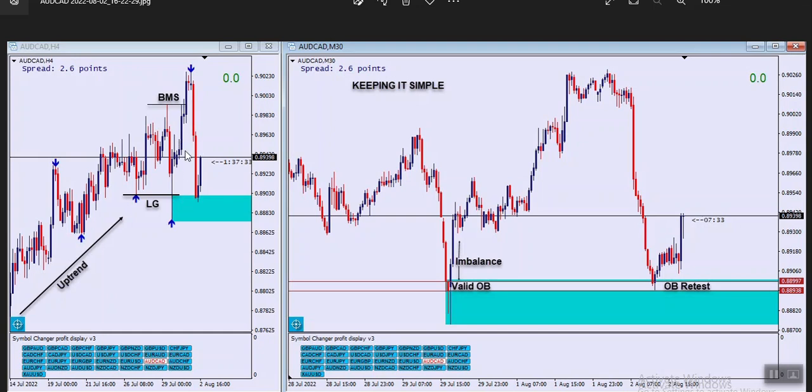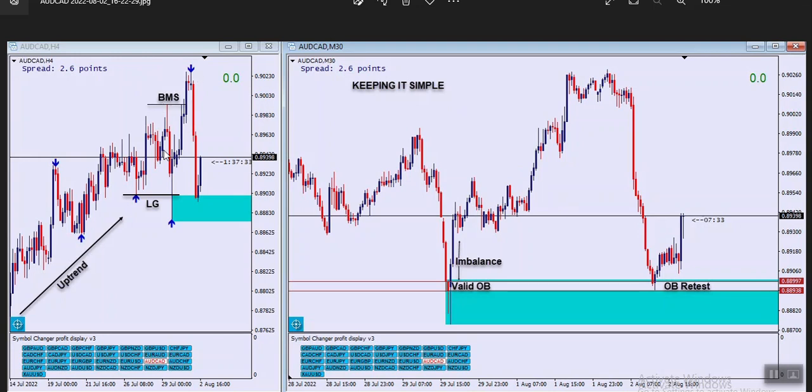Then I'll need to get an order block here for me to take this entry. So for me to get a valid order block, I dropped to a lower time frame, and on the 30 minutes time frame I got a valid order block here. Look at it, the last bearish candle before this upward thrust, having an engulfing pattern, and price moved away to break structure, as you can see on a higher time frame.